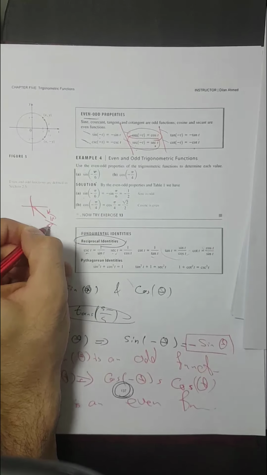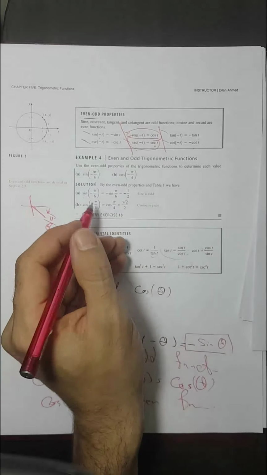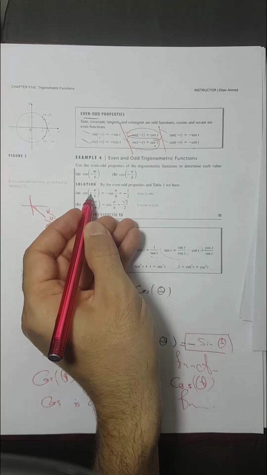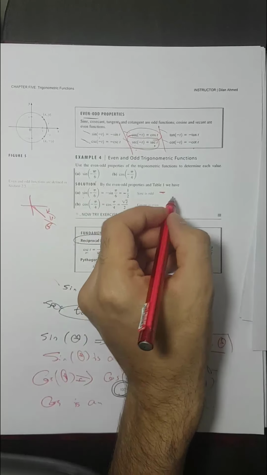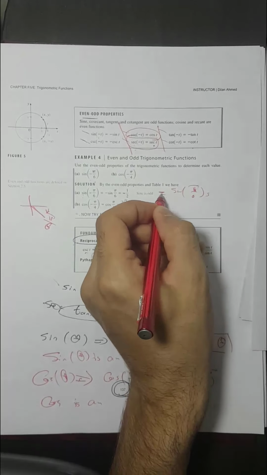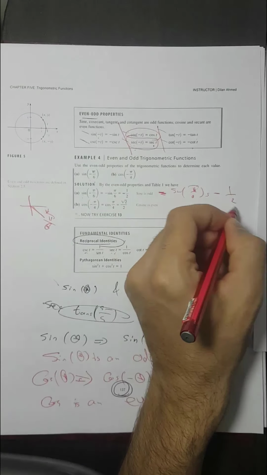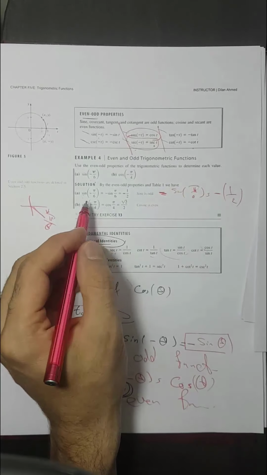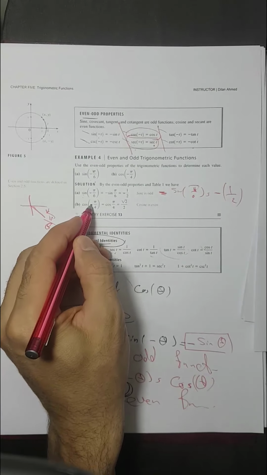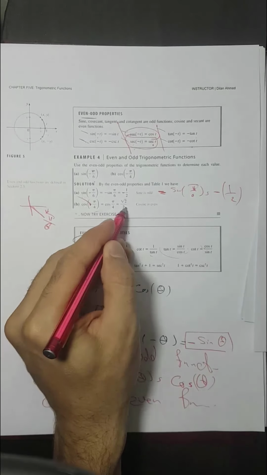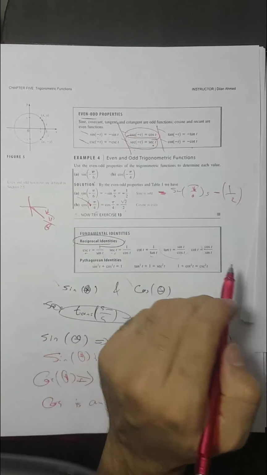This is the previous method, the old one. Or, sine is an odd function, so the minus will come out and I will get minus sine of pi over 6, which is equal to minus 1 over 2. How about cosine? Cosine, because it is an even function, I will neglect the negative and just have cosine of pi over 6, which is equal to square root of 3 over 2.